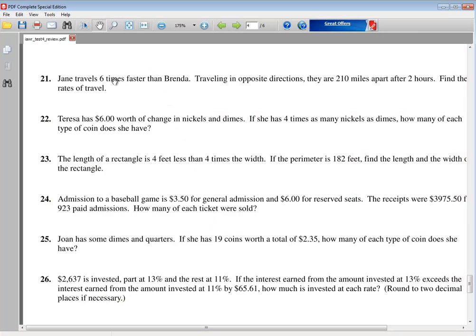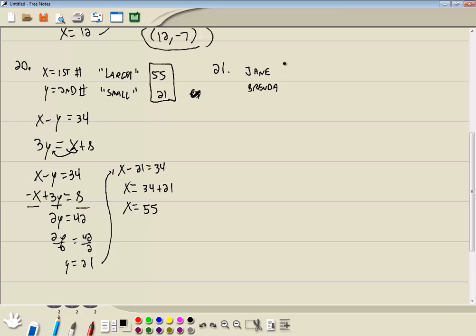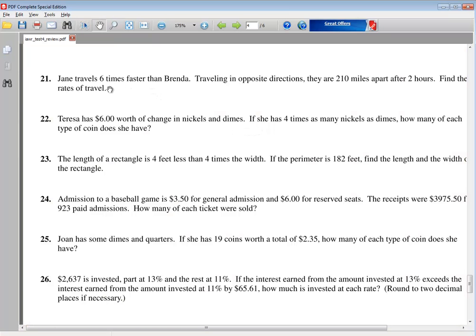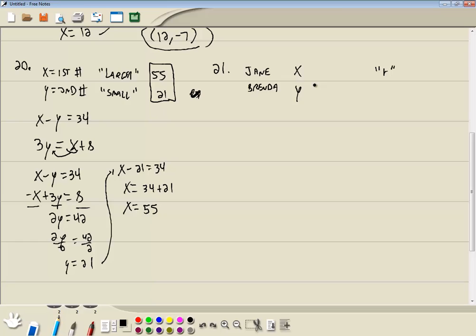Now one of these is being put in reference to the other, so it looks like all of these are talking about rates of travel, aren't they? So R. Okay, so Jane, and we're going to have R here. Now instead of R, let me choose x, and this will be y. Keep in mind though, these are R's. Jane travels 6 times faster than Brenda, so Jane is faster.